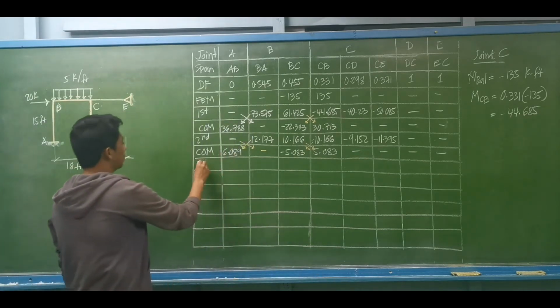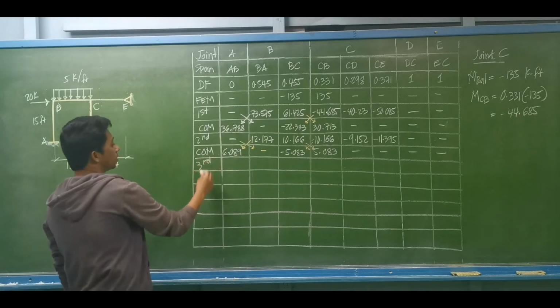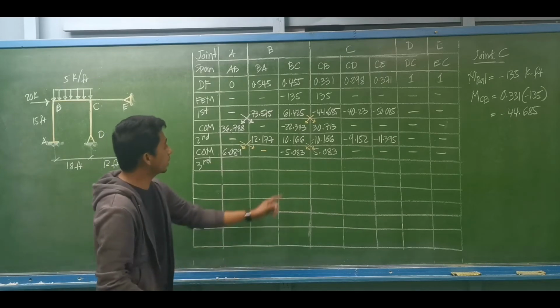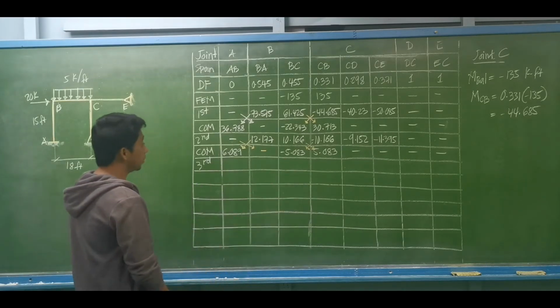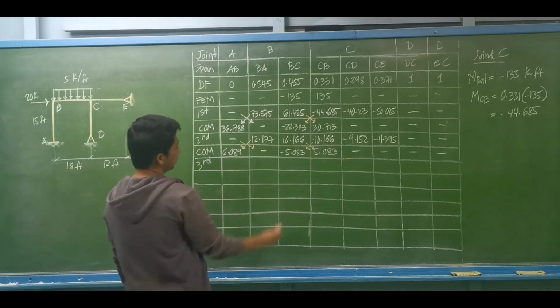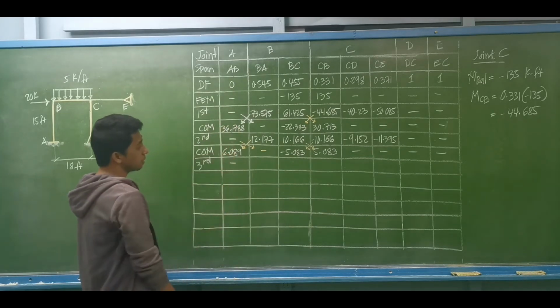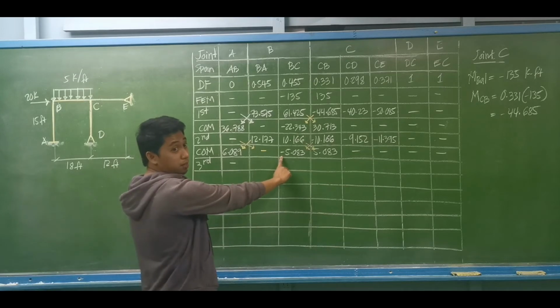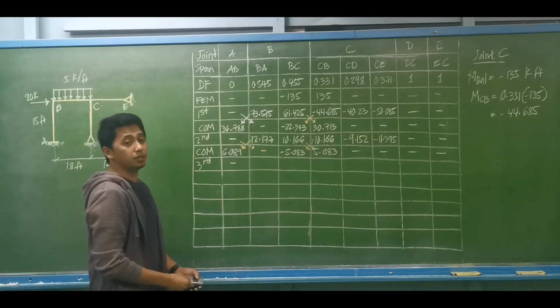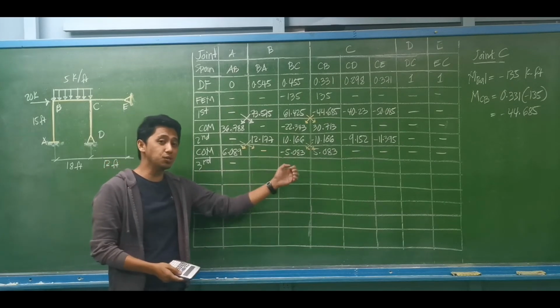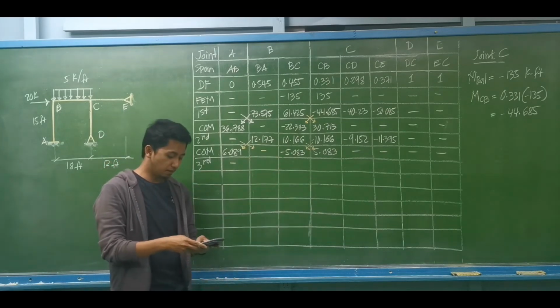Then we proceed to the third distribution. So for the third distribution, we have the remaining moment for joint B of negative 5.083. But for this one, 0 times this value is the same as 0. Remaining moment is negative 5.083. So, how to balance? Use the opposite sign.